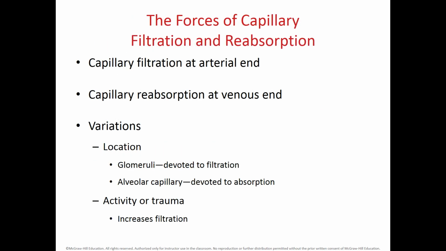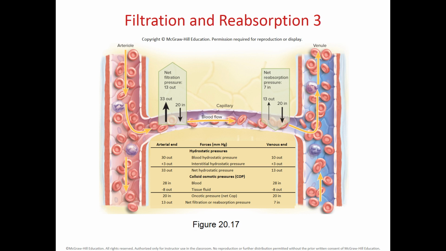So filtration happens at the arterial end and reabsorption at the venous end. With some variations, like in the case of the glomeruli, which are devoted only to filtration, and the alveolar capillaries that only absorb. And when you have increased physical activity or trauma, you have increased filtration. So that's why after trauma you have a little bit of edema or inflammation.